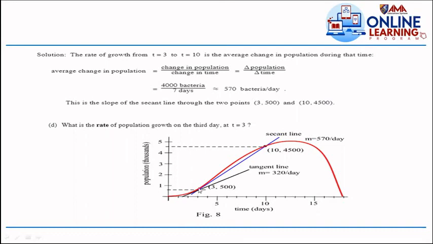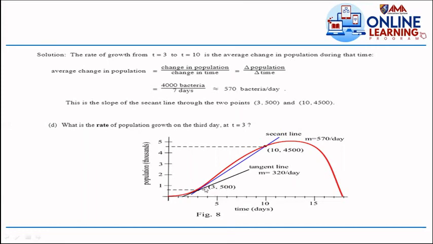Okay? So yung 3rd day po natin, number of days is 3, yung population natin is 500. Doon sa 10th day, ito po yun. Okay? So yung population natin doon is 4,500. Okay? So which means this is your y2 and this is your x2. This is your y1 and this is your x1.